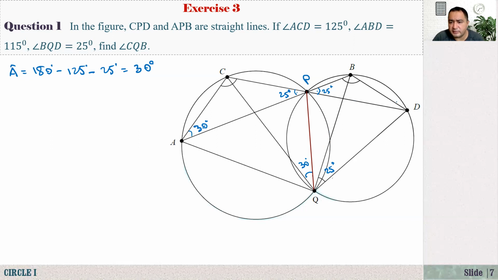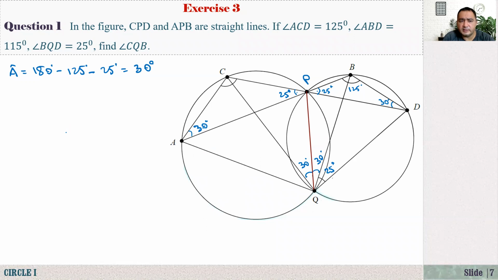PQB is subtended by the same arc as PDB. Since angle PBD is 115 degrees, this angle is also 30 degrees, because it is subtended by the same arc PB. So they are lying on the same circle.